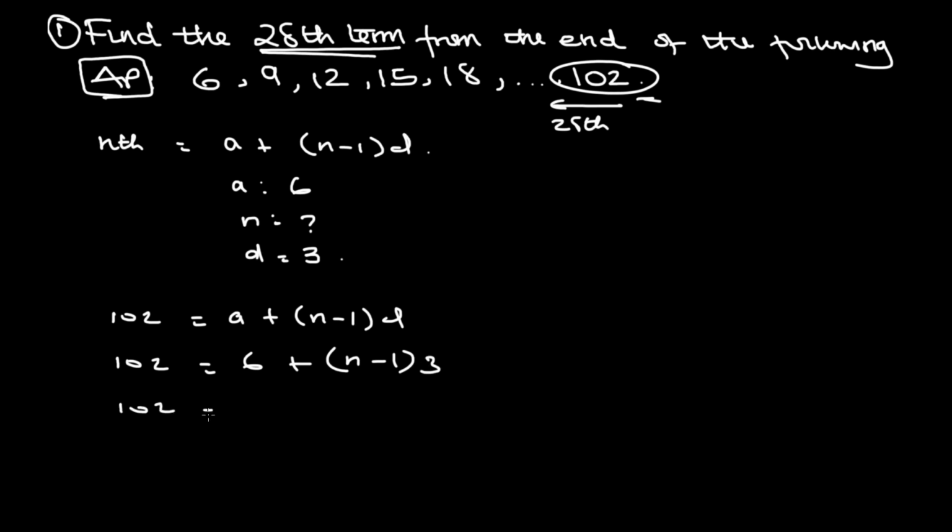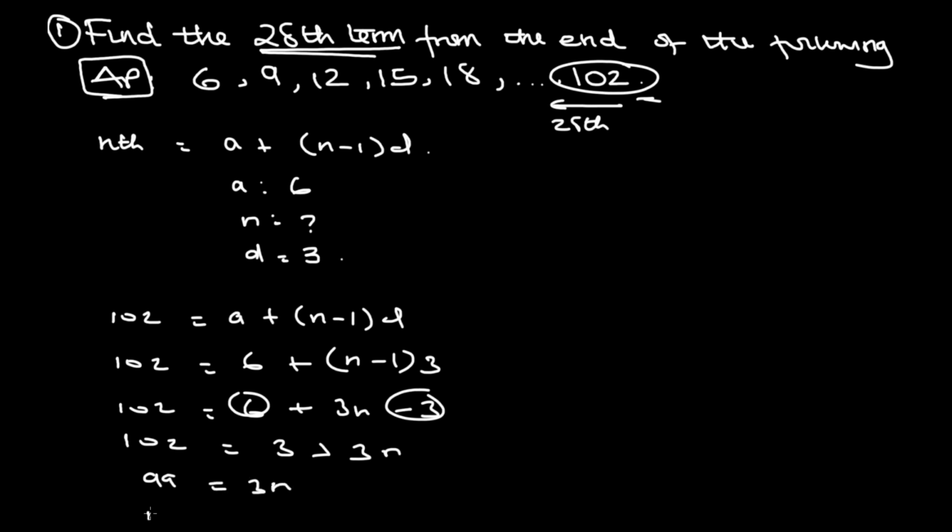So 102 is equal to 6 plus 3n minus 3. This and this are like terms, so we can already simplify here. We get 3 plus 3n. And then this and that are like terms, so we can simplify further. 99 is equal to 3n, which gives us n is equal to 33.